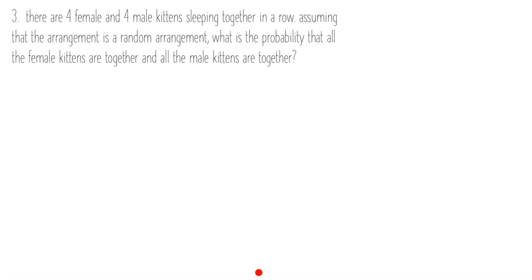and that is completely okay. So for question 3, you had 4 female and 4 male kittens together in a row. Because it says that we have an arrangement, most of you probably determined that you have some kind of permutation where the order in which you arrange your kittens matters. What I would have done is I almost always do some kind of visual representation for myself.